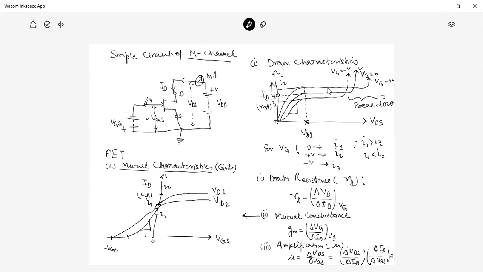Delta VDS upon delta ID is RD, and delta ID upon delta VGS is GM, at constant VD.